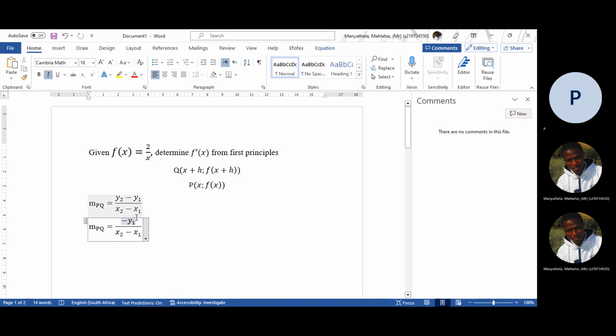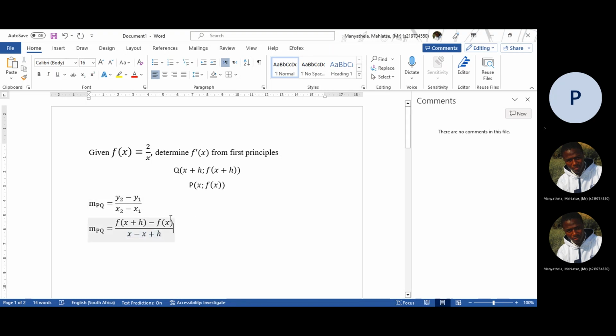So y2 in this case will be f of x plus h subtract f of x, all over, and then here the x that I have is just x. So the point that I have here, the value of x is x, and the value of the other x value is x plus h.